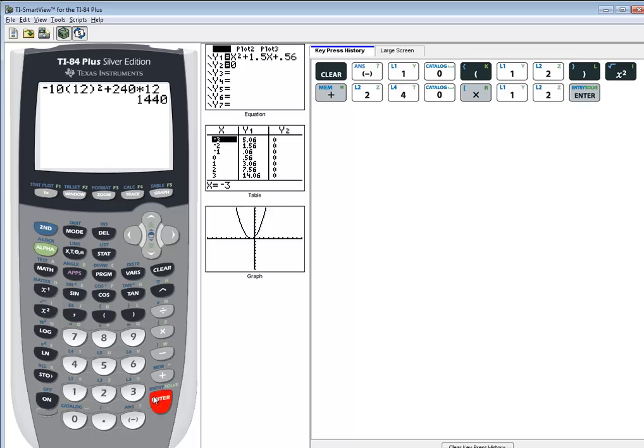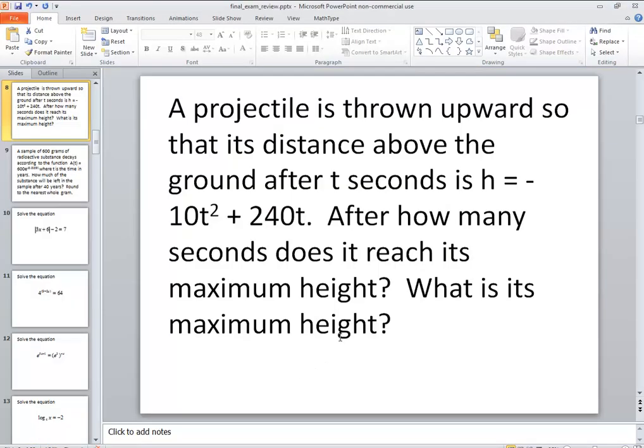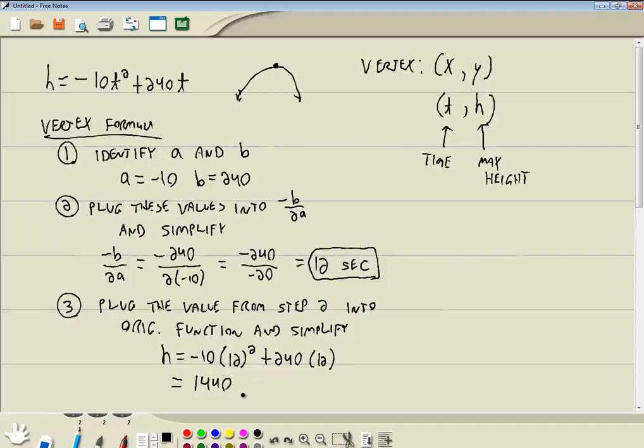And then press enter. And that gives us 1440. And this is the y part of our vertex, or in this case our h. So this is going to be our maximum height. And what's the unit of measure? It doesn't say a unit of measure. So our maximum height is 1,440.